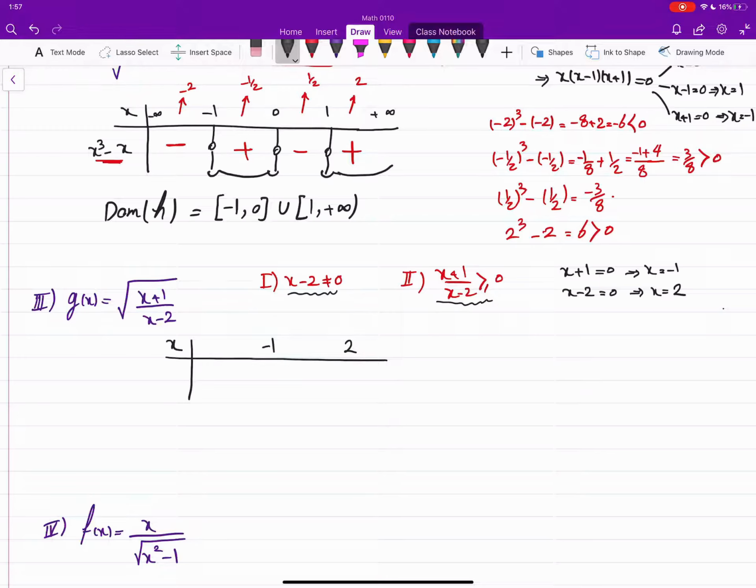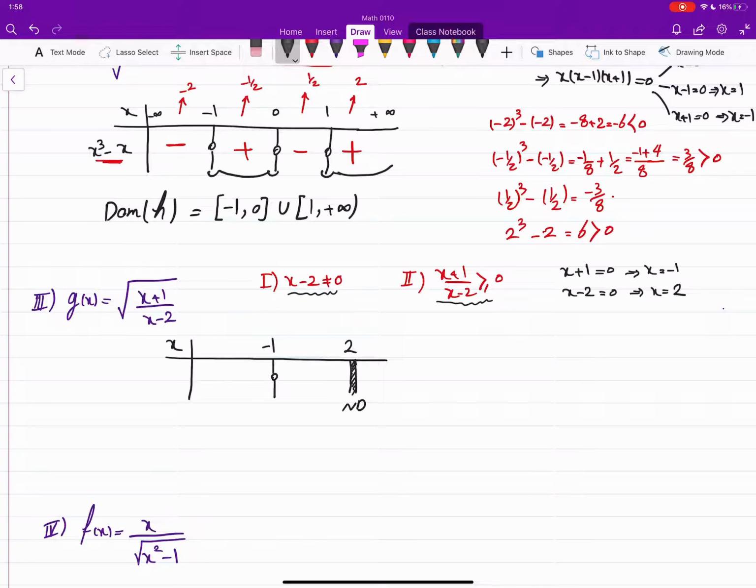At negative 1, when we plug in, the numerator is 0 and the denominator is negative 2, so this is 0. At 2, however, 2 makes the denominator 0, so it means that it is not defined. So for x equal to 2, we don't have that value.